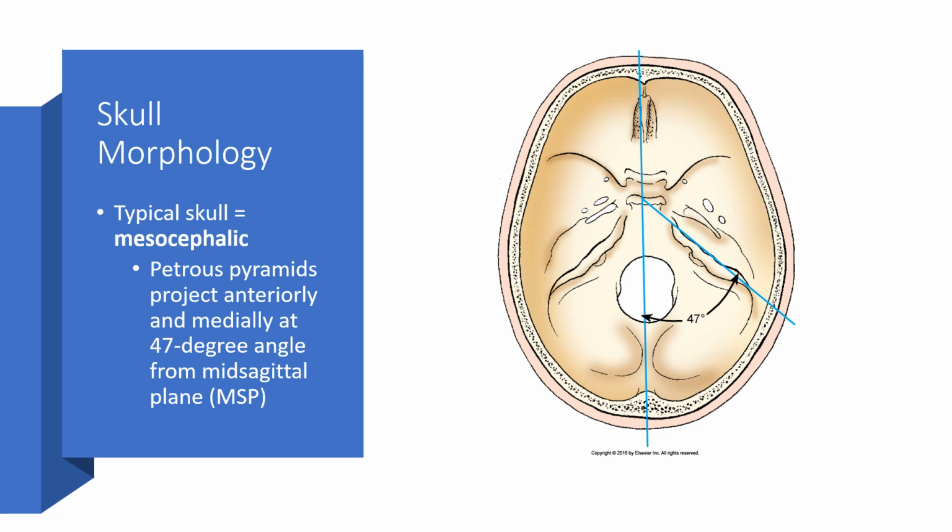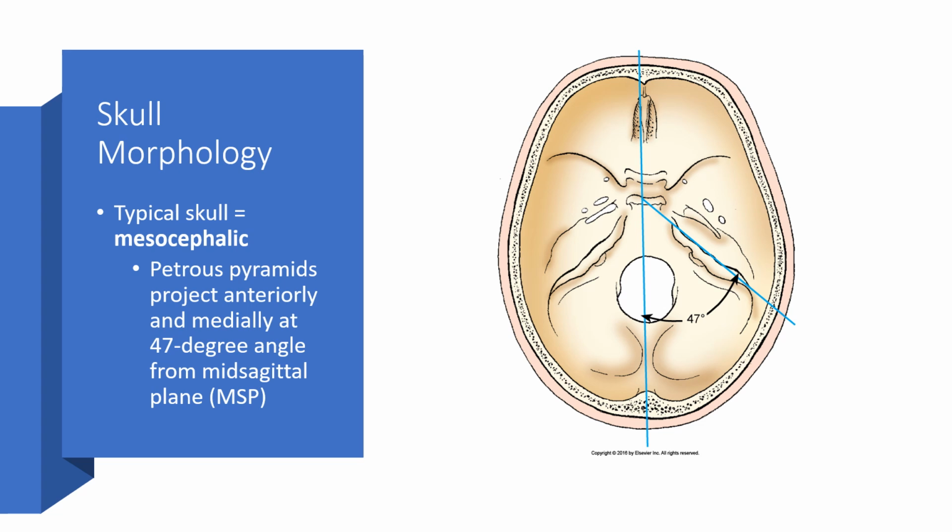The mesocephalic skull is about as wide as it is tall. And that's typically the variance, the width of the skull to the height of the skull. So when it's about as wide as it is tall, you get a mesocephalic skull, which is what the standard positions are based on, mesocephalic morphology.